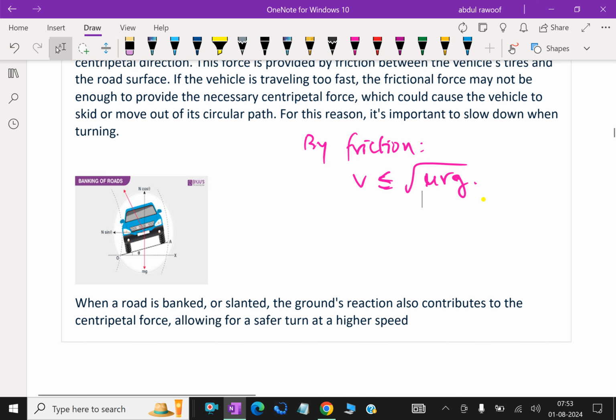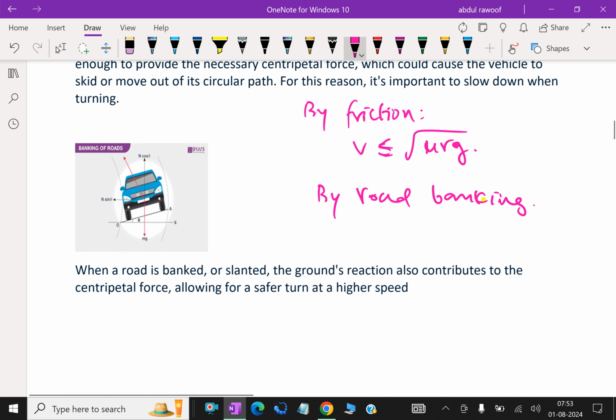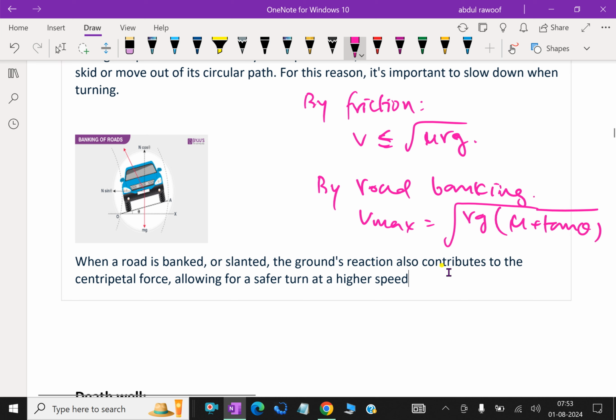By road banking, that is v max. v max must be, look at the formula, the square root of Rg times (mu plus tan theta) over (1 minus mu tan theta), where theta is the bank angle.